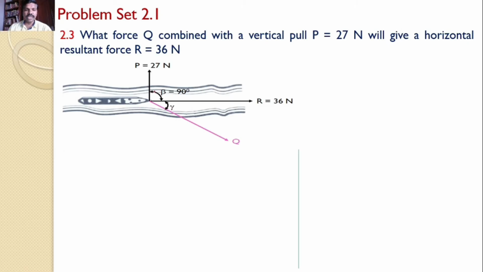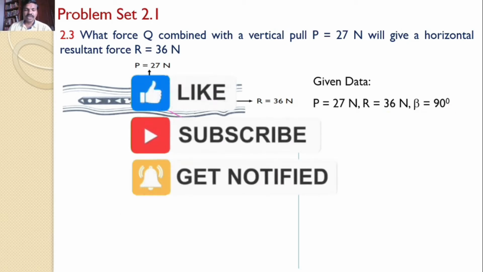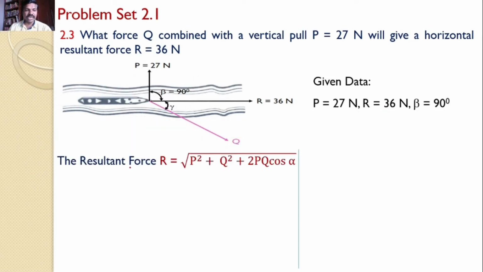Now in this problem, the given data is P is equal to 27 newtons, R is equal to 36 newtons and beta is equal to 90 degrees. Now the equation, we know that resultant force R is equal to square root under P square plus Q square plus 2PQ cos alpha. R value is given, P value is given, so I can substitute those values into this equation.